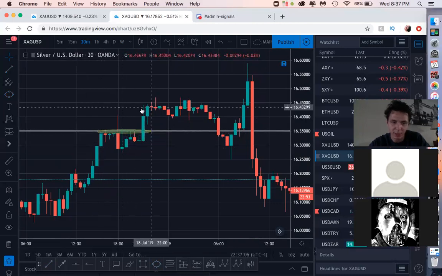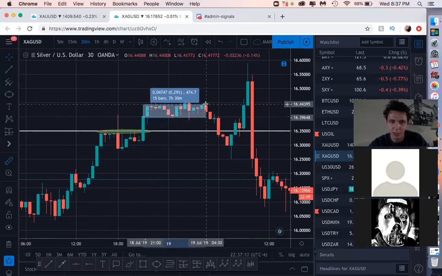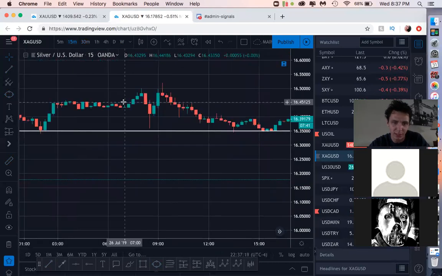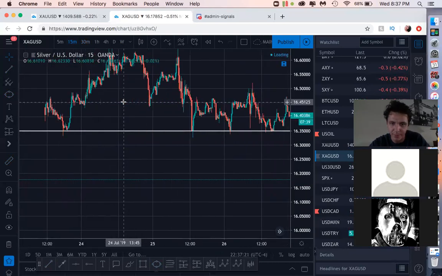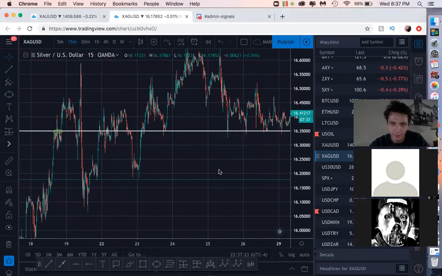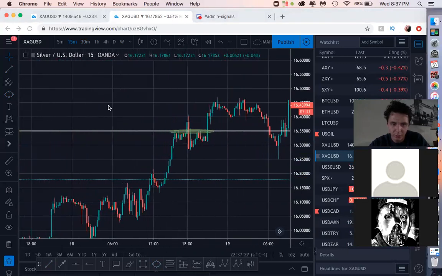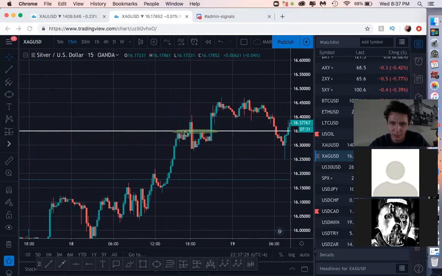Then we get our spike through, signaling our push up. You could have caught maybe 60 pips if you caught a good entry, like going down to the 15 and catching an entry off that. But yeah, so that's what I mean when I speak in terms of equal highs.